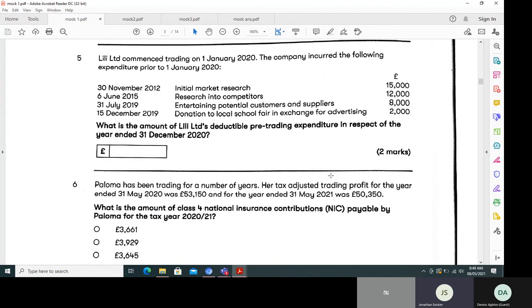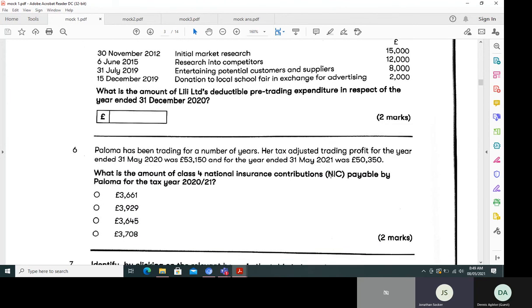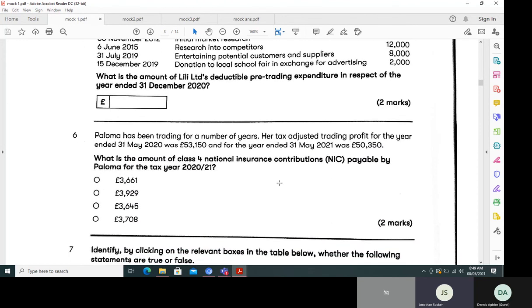I don't think you have a problem with Class 4 NIC computation. That's to calculate Class 4. On what figure do we calculate Class 4 NIC?